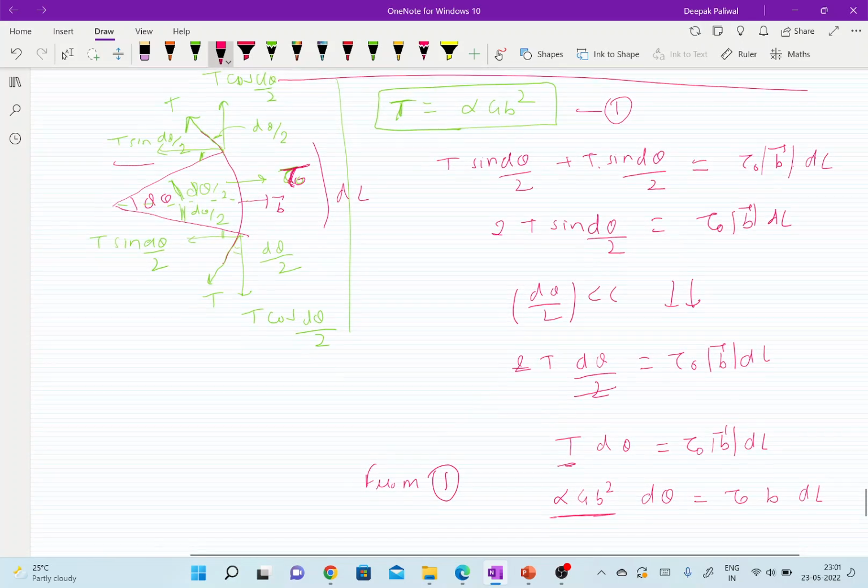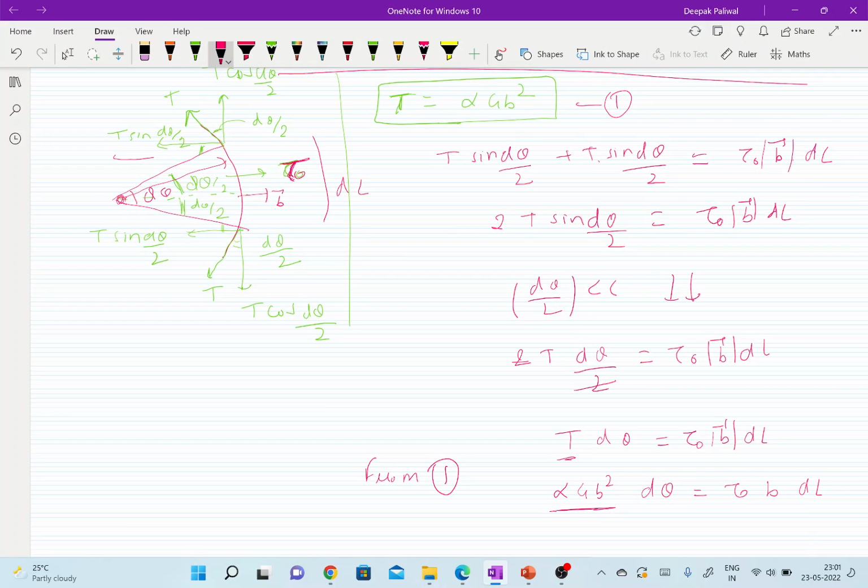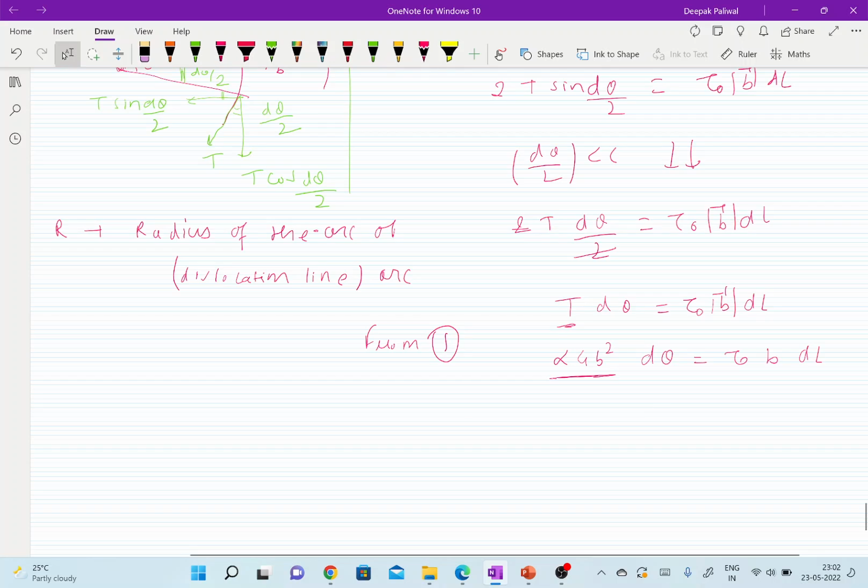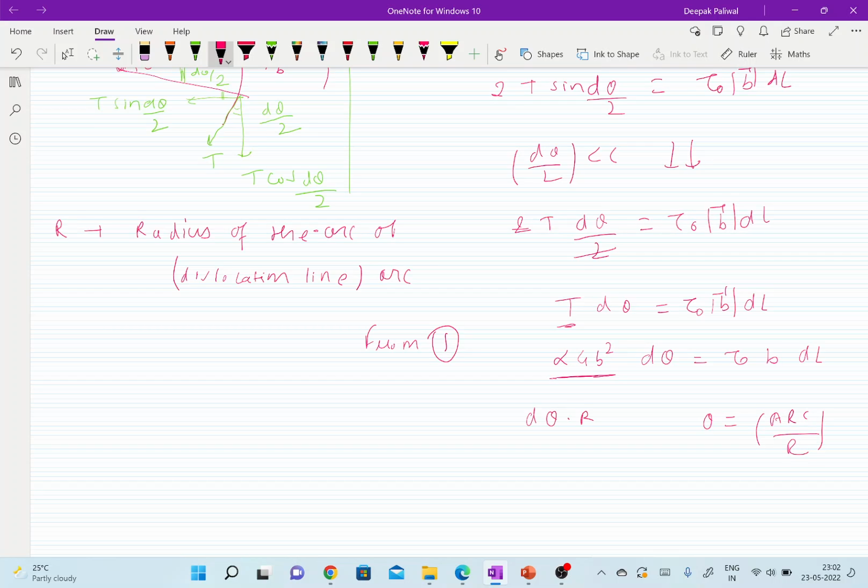One more thing I forgot to mention, this is r. R represents the radius of the arc of the dislocation line. Now, the angle d theta is equal to arc by radius, so d theta times r is equal to dl.